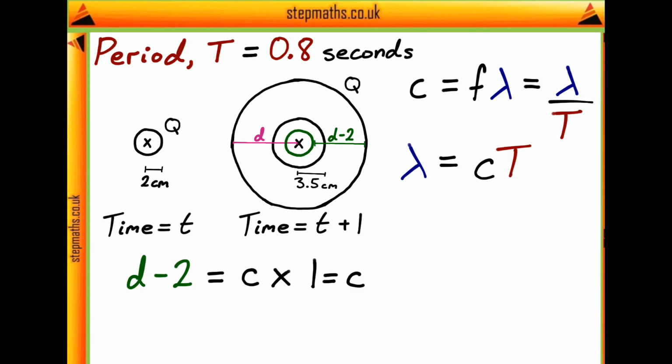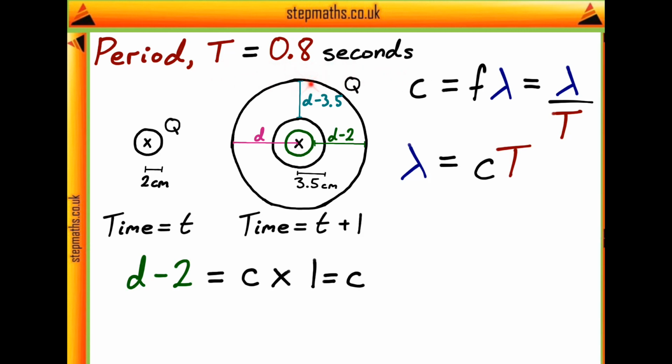To do that, we need to try and find some other equation with D in it. Well, how about we consider another point on our diagram? What about the distance between our second wavefront and our first wavefront Q? This distance is going to be equal to the total distance from our wavefront Q to the centre, take away the distance that our second wavefront has moved, 3.5 centimetres. This is useful because we know that the period of the wave is 0.8 seconds.